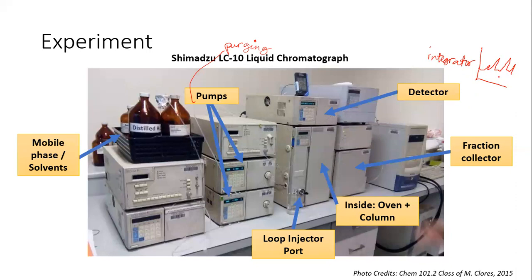So, kailangan nyo ng calculus para ma-measure yung mga old manual computations to determine the area under the curve. Okay. Tapos meron din ditong fraction collector. So kung gagamitin nyo yung HPLC for preparation and for subsequent analysis, kukollect yung analyte. Okay. Again, sa experiment natin, we're not really going to collect your analytes. Okay.